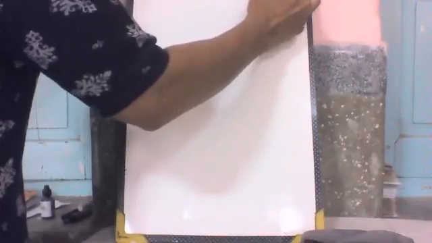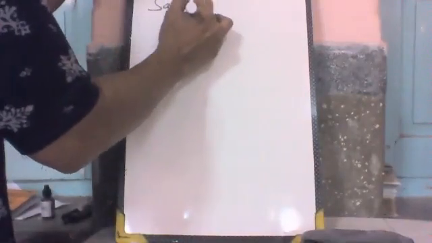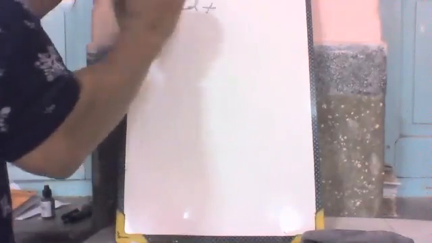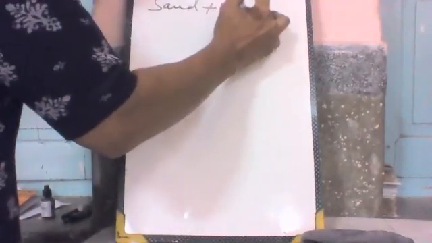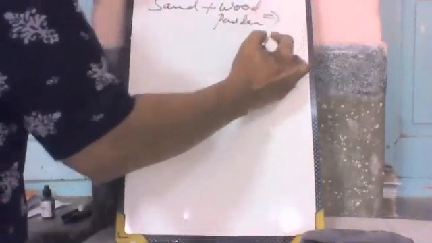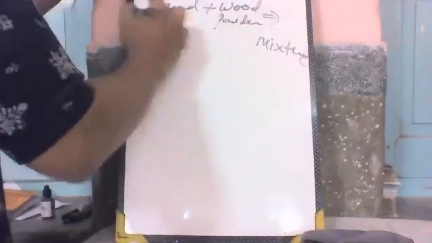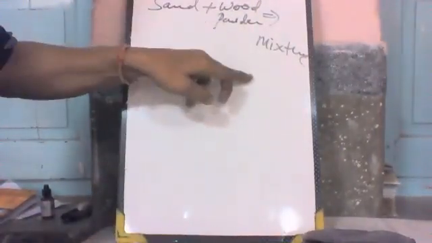Then, in a mixture, no new substance is formed when the mixture forms. Suppose we add sand and wood powder. Then it is not a compound. It's a mixture, because they do not form a new substance.